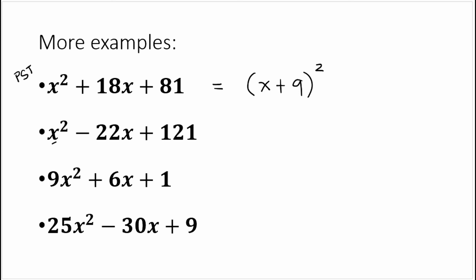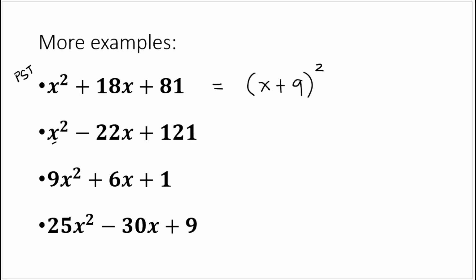Next, x squared minus 22x plus 121. X squared is a perfect square with the square root of x. 121 is also a perfect square wherein its square root is 11. 11 times x is 11x at kapag dinoble natin yan, that is 22x.